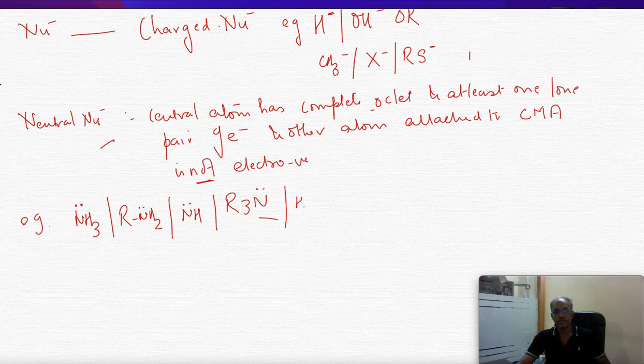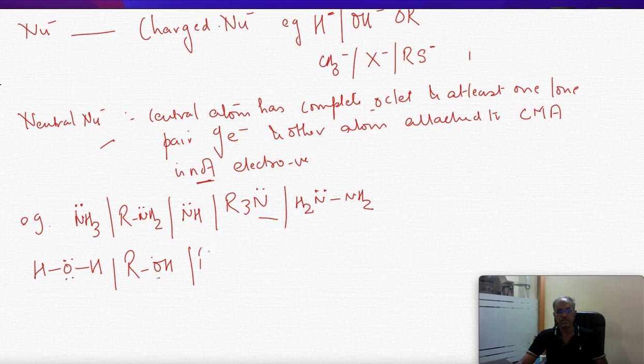Then H2N and NH. These are a few compounds with a lone pair of electrons. Right? Then alcohols. Right? Then ethers.